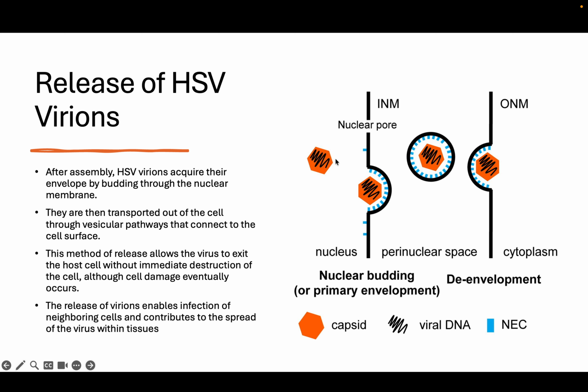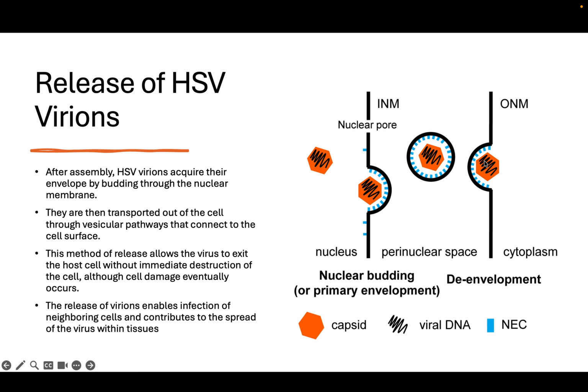Beautiful. The capsid then does nuclear budding, where it buds off and steals a bit of the membrane from the nucleus, and then it goes out. By the way, this is not the best picture, because here you see the nuclear capsid leaving by its own.